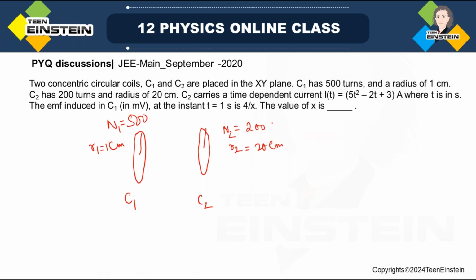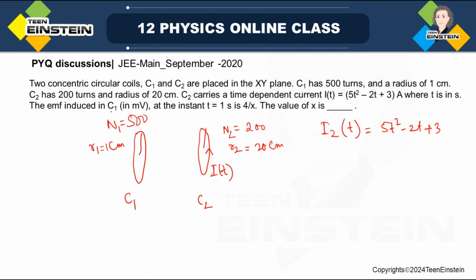C2 carries a time-dependent current, which is a function of time, given by I2(t) equal to 5t square minus 2t plus a constant. I2(t) is the current flowing through the coil C2.